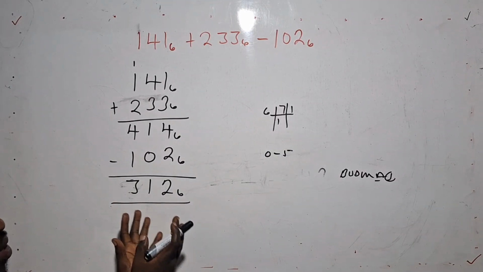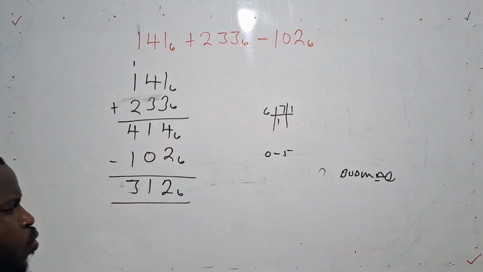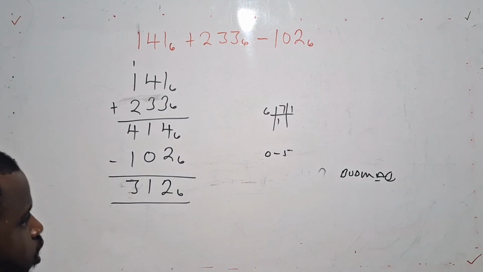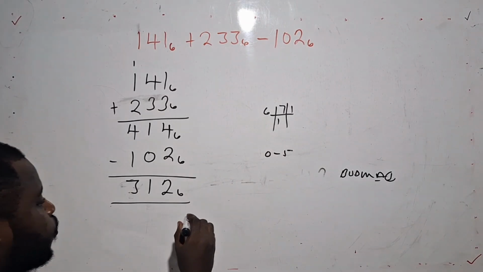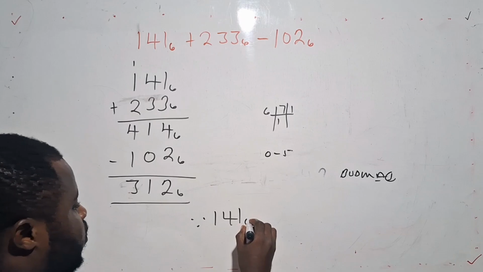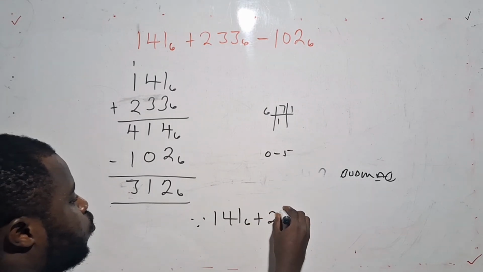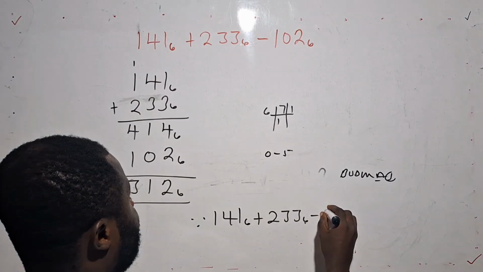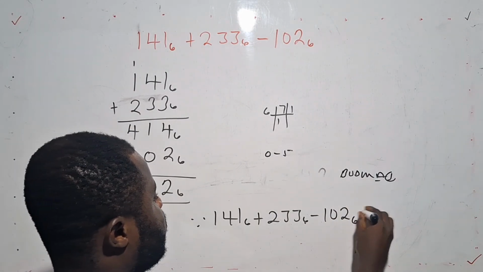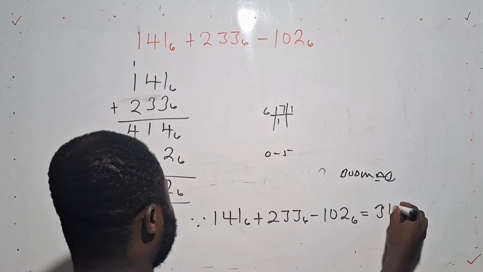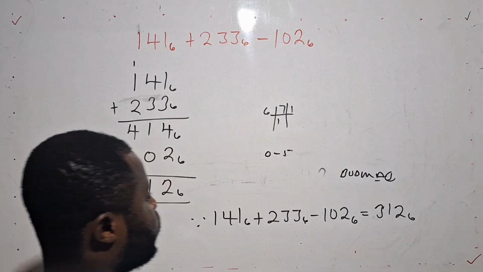If you solve in base 6 and you are getting answers below 6, at least it should tell you that yes, you are on track. But if you get 6 and above in base 6, you should know you are wrong. Therefore, 141 base 6 plus 233 base 6 minus 102 base 6 will give us 312 base 6.